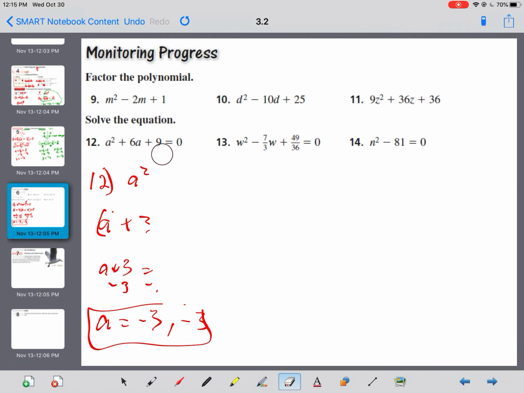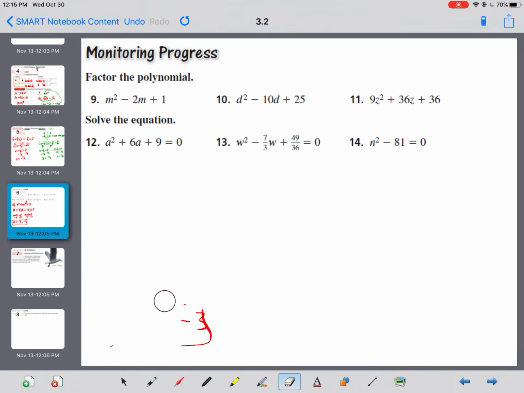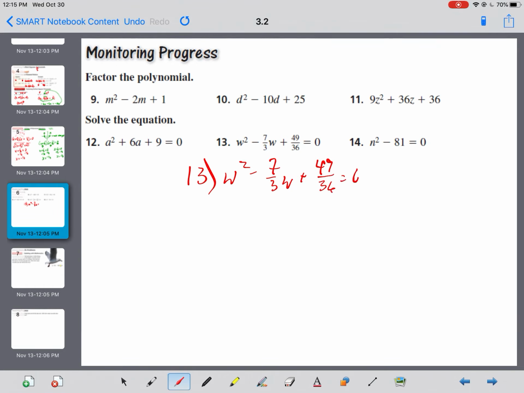Okay. I'm going to erase that one so I have room for 13. 13, look at those fractions. But let's assume they did something nice for us, right? w squared minus 7/3 w plus 49 over 36 equals 0. Oh my gosh, those are all fractiony. But 49 is 7 squared and 36 is 6 squared. So I'm assuming that each one gets a w.